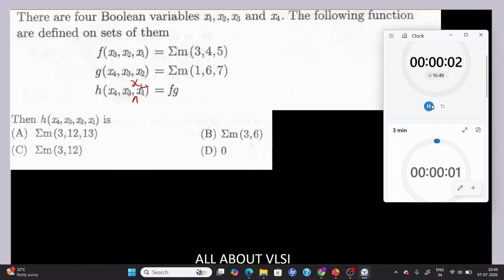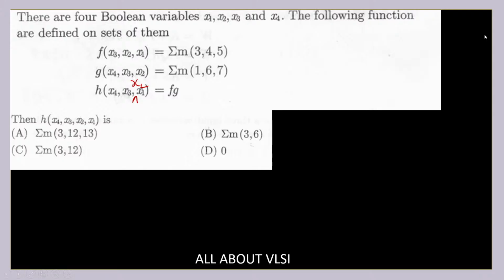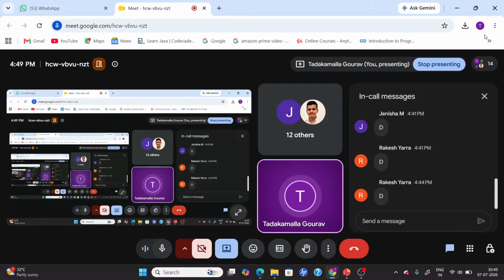Okay, let's see the solution for this particular problem. Anyone got the answer? Okay, still solving. Okay, let me also start parallelly.